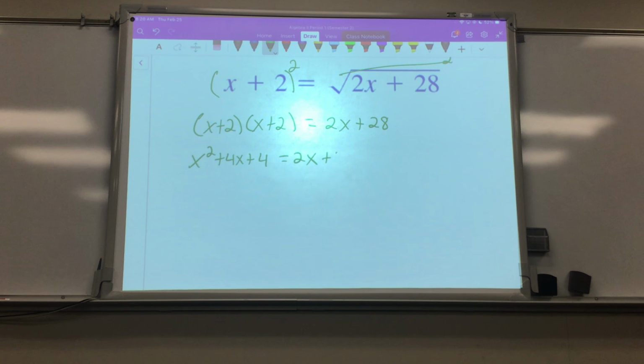Now this is like quarter 2, right? Solving a quadratic. Whenever you solve a quadratic, get it set equal to 0. I'm going to subtract that 2x over, subtract that 28, and we get x squared plus 2x minus 24 is equal to that 0.